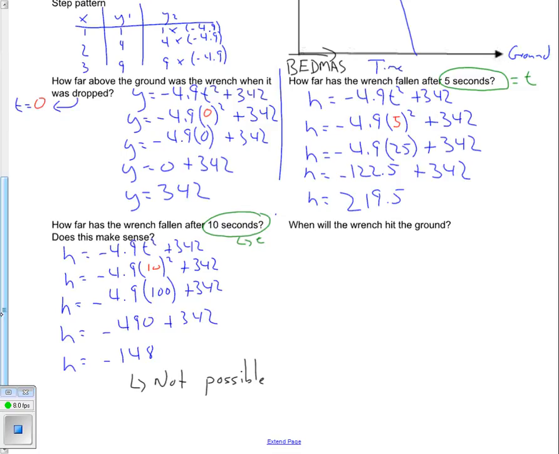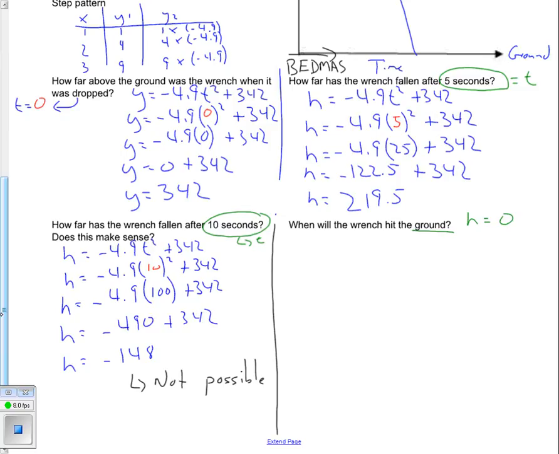So now let's figure out what that final amount of time is. When will the wrench actually hit the ground? If we want to know when it hits the ground, the key question is, what's the height? The ground's height is represented by 0 feet. So let's use our equation.